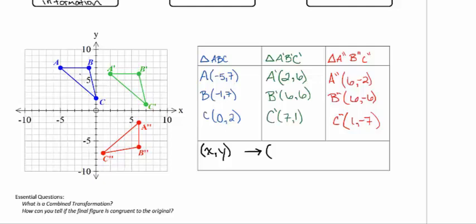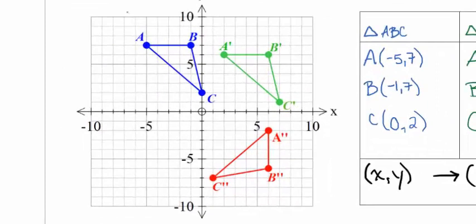So all I'm gonna do is count from coordinate A to see how far over I went. To determine what occurred from the original to the first image, I'm just going to count from A until we get to A prime, and we went 1, 2, 3, 4, 5, 6, 7.